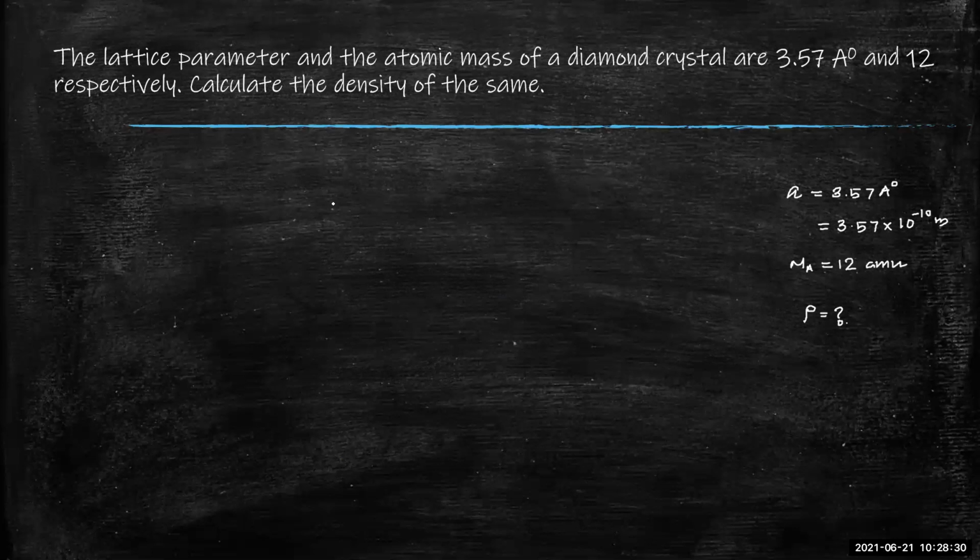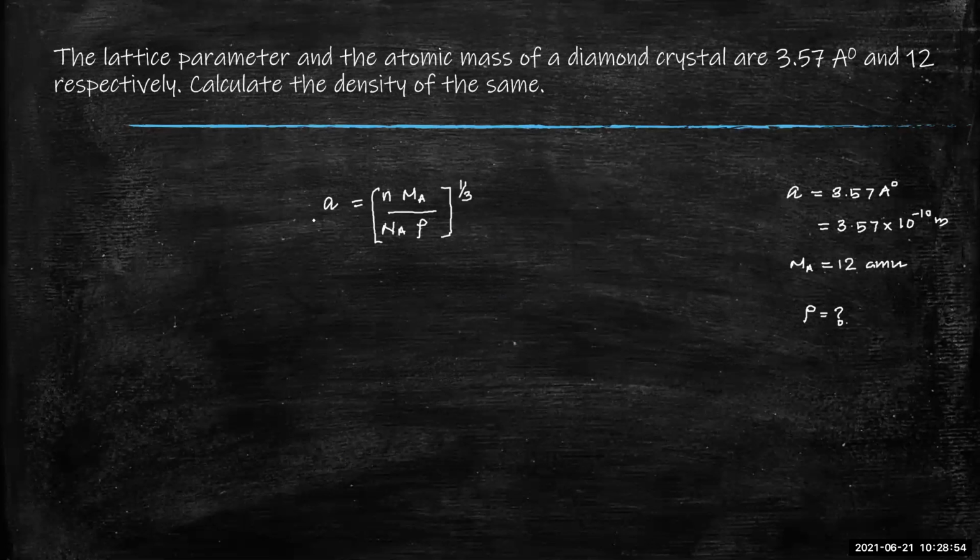In the previous question, we used A is equal to N into Ma divided by Na into rho, whole raised to 1 by 3.